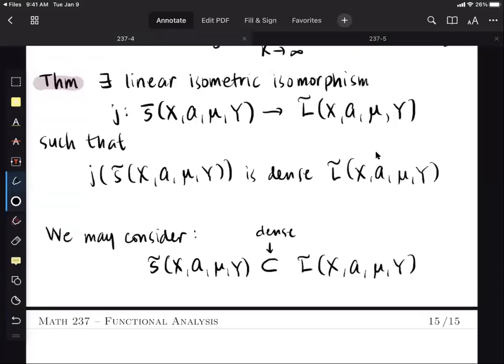Since there is a one-to-one correspondence between these two spaces, if one is a Banach space, then the other one is also a Banach space.